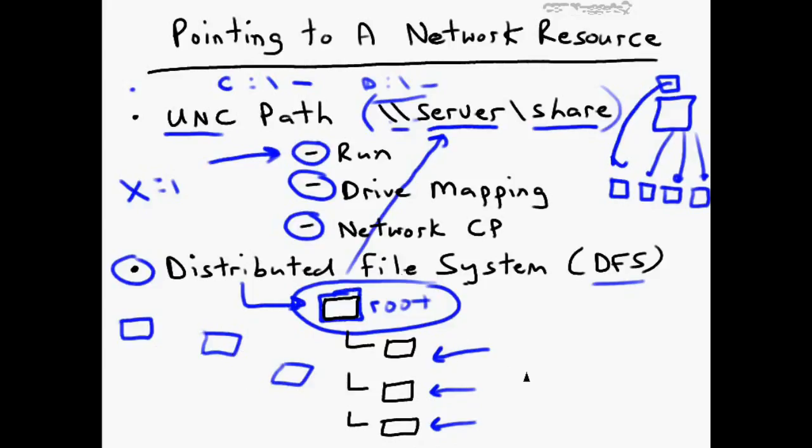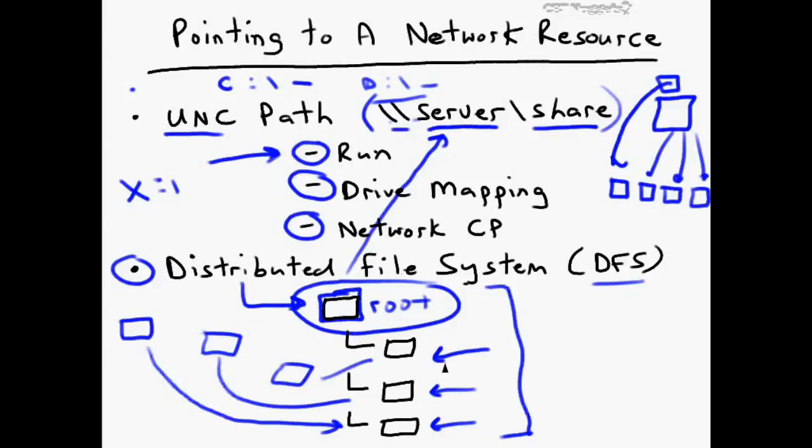DFS enables an administrator to aggregate or collect those shared folders that exist likely under wonky names on different servers, put them under a single unified file system or virtual file system, and the user can connect to the root and easily browse to the appropriate share. That's the bottom line with this. Now you access the DFS tree the same way you would access any UNC path from the client.